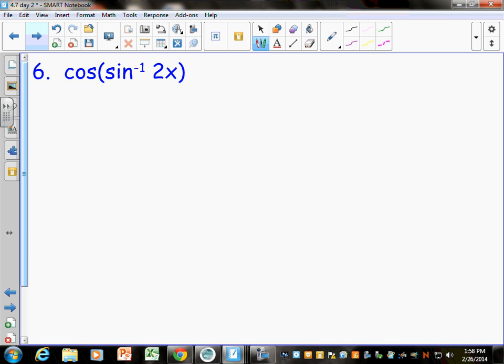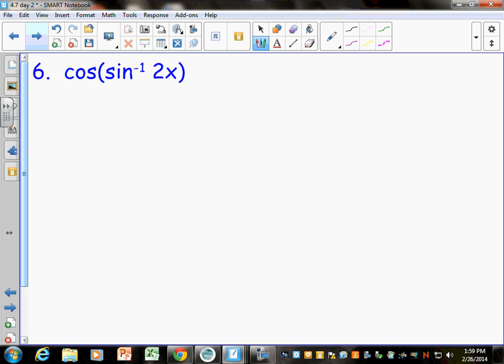Which means I'll probably put this on a calculator part of the test just because the calculator, I don't think any of our calculators, you can type x in and it gives you the answer in terms of x. You can try, but I don't think it's going to work.